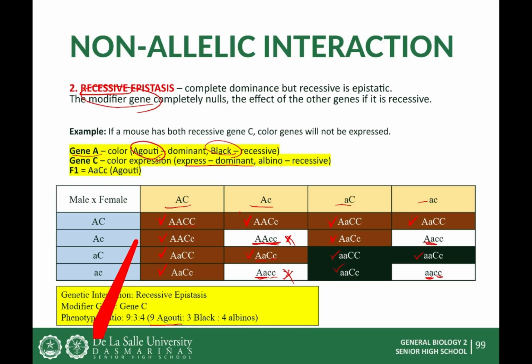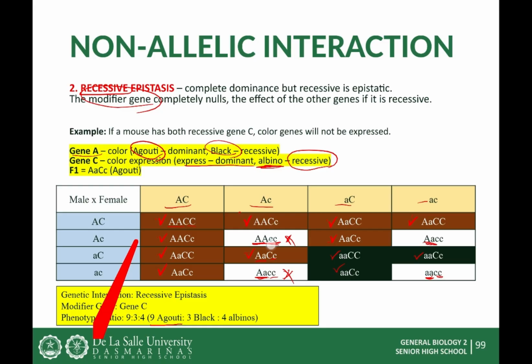Now, if the gene C is recessive, automatic, it will have a phenotype of albino, meaning it will null the... ibig sabihin ng null, tatanggalin niya yung effect nung phenotype na yon.